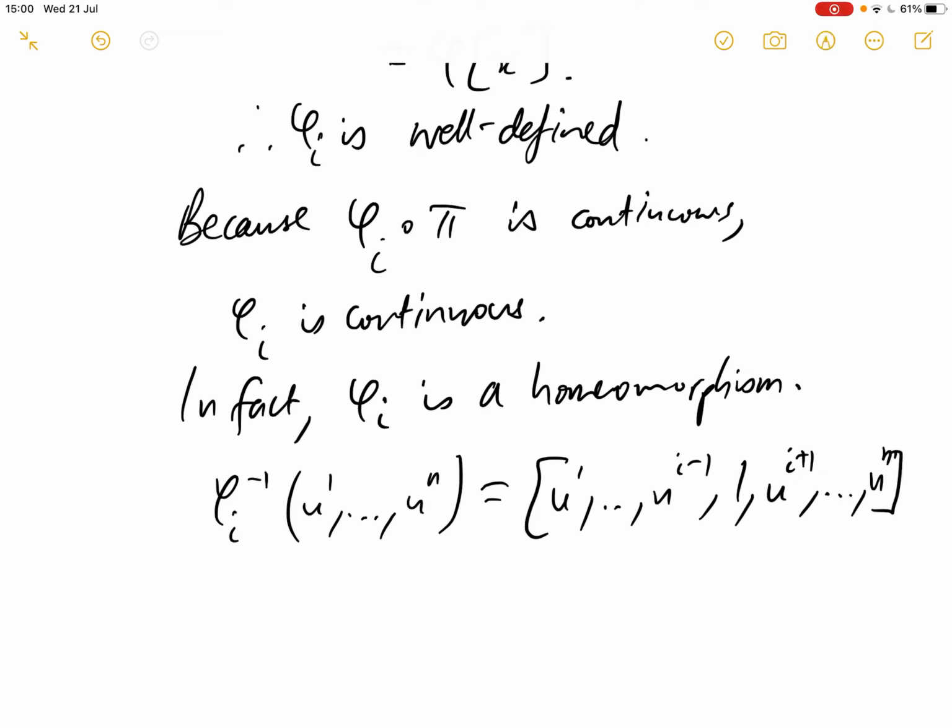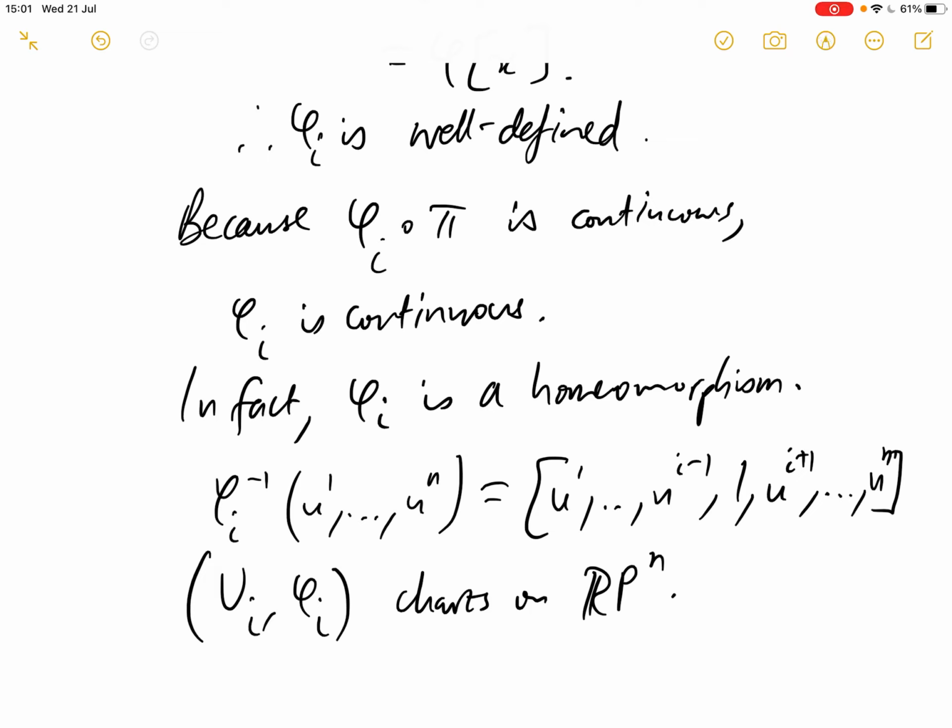You can check that that's the inverse, and as we can see from how that's defined, that's also going to be continuous. So that proves that the (U_i, phi_i) are charts on RP^n. So this shows that RP^n is locally Euclidean of dimension n.